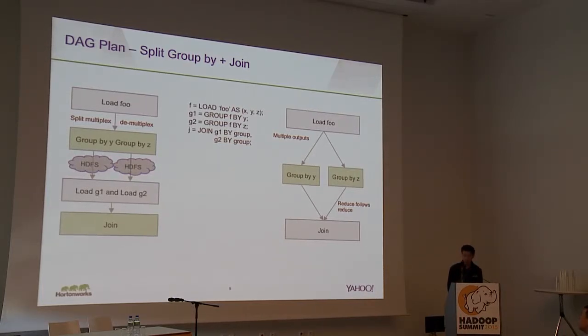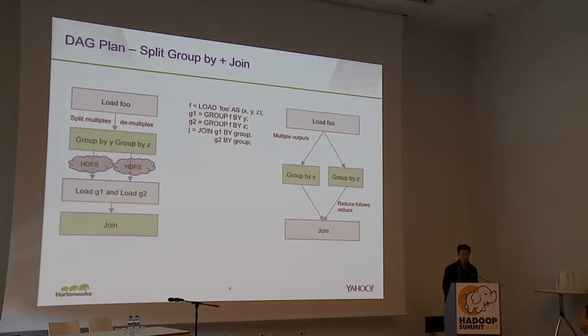Let's take a look at the Tez plan on the right. In the Tez plan, we load the data from HDFS and send it to different vertices. Because in the Tez plan we only load the input data once, we don't have to use the multi-query optimizer to combine these 2 vertices.